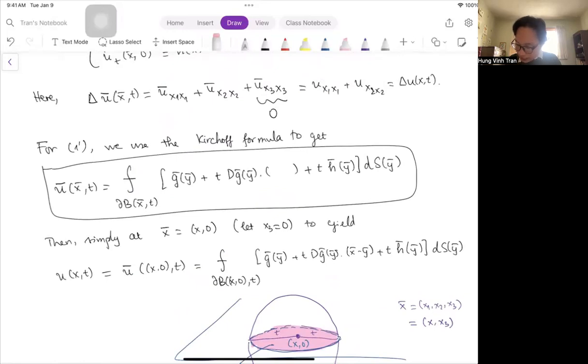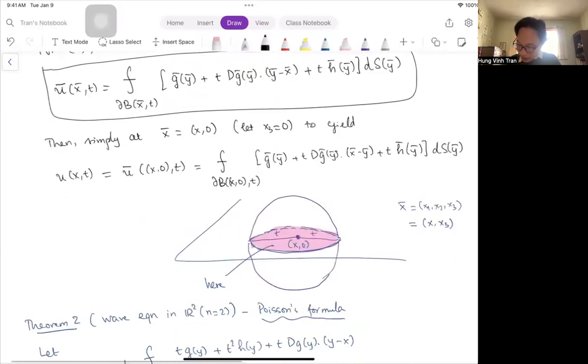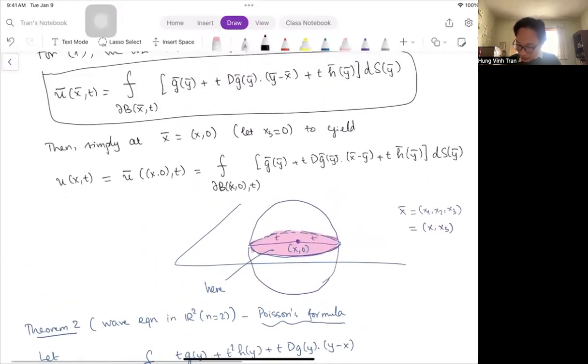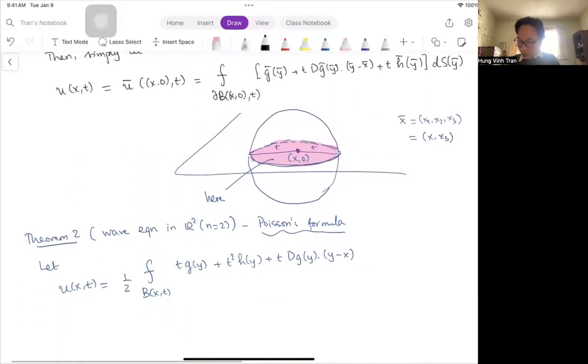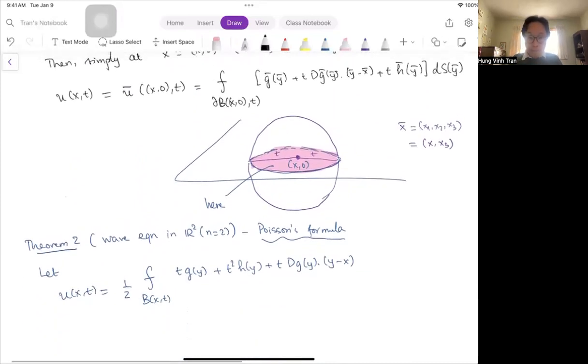Because x is the center, it is y minus x, y bar minus x bar. Yes, there was a typo. That's why it's y minus x. Yes, this is correct.